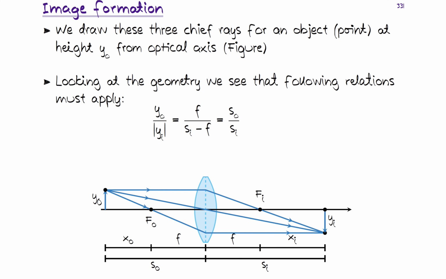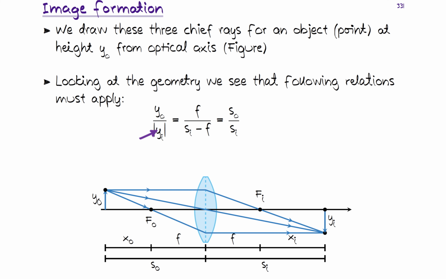So let's now consider another equality, and again we get this from looking at the figure. We have the ratio of the object location with respect to the principal plane, SO, and the image location with respect to the principal plane, SI. So SO and SI are the distances here, and their ratio equals the ratio of the distances of my object point from the optical axis versus my image point from the optical axis.